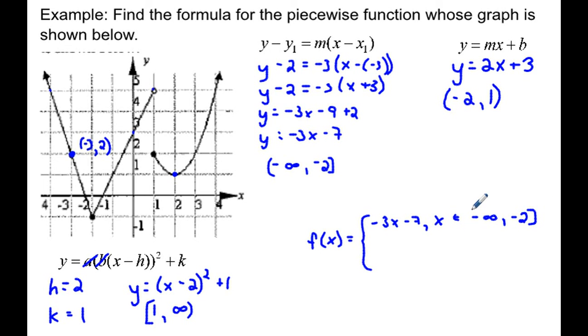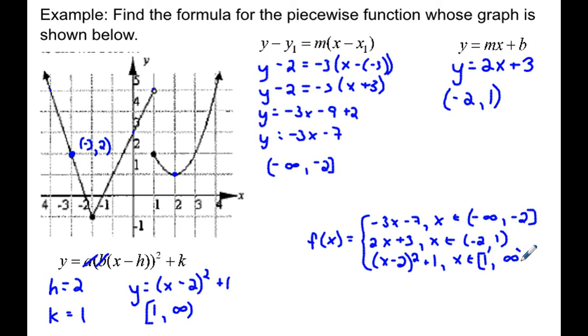Square bracket on the 2, round on the negative infinity. It's going to be equal to 2x plus 3 from negative 2 to 1, round bracket on both, and it'll be equal to x minus 2 squared plus 1 for 1 to positive infinity, including the 1, but not the infinity.